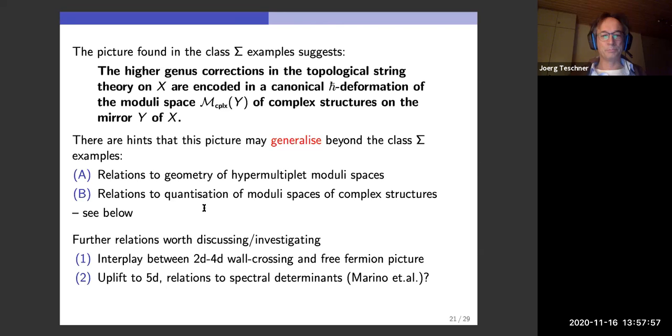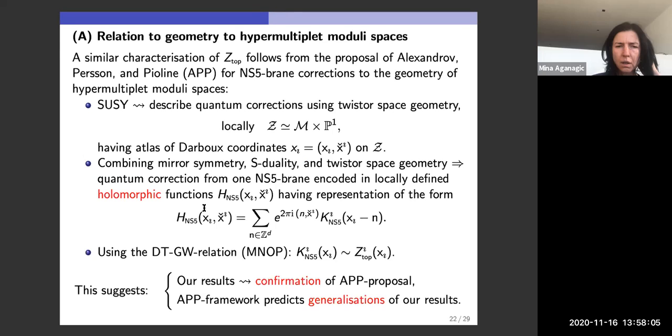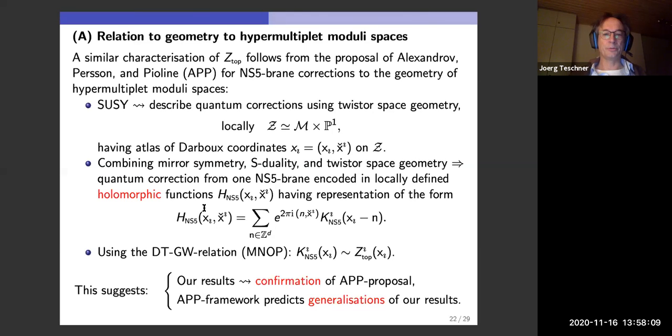Okay, so perhaps about point A, a few remarks. What were Alexandrov, Persson, and Piolin trying to do? They were in particular trying to cook up a way to describe NS5 brane corrections to the geometry of hypermultiplet moduli spaces.